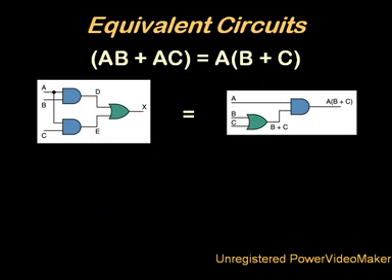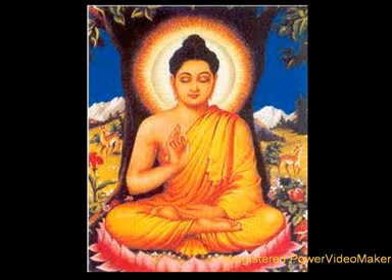But perhaps the more interesting outcome is that there are 2 real-world circuits that implement exactly that same function. These are known as equivalent circuits. So as in computer systems design, as in any kind of design, there are multiple paths to nirvana.